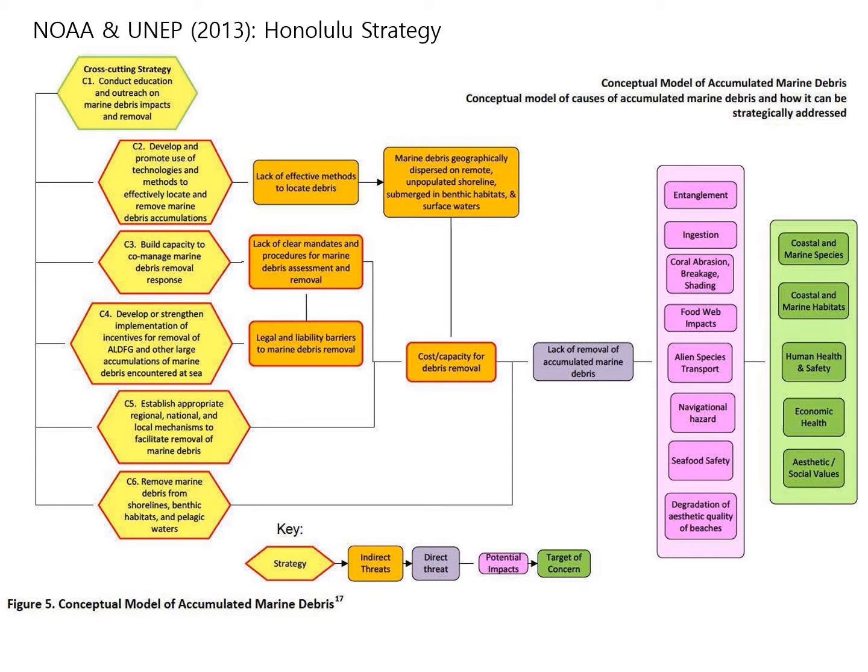Indirect threat, like a lack of effective method to locate debris, can be addressed by a strategy developing and promoting technologies and methods to effectively locate and remove marine debris accumulation. Other strategies were also developed to control the indirect threats of the accumulated marine debris.